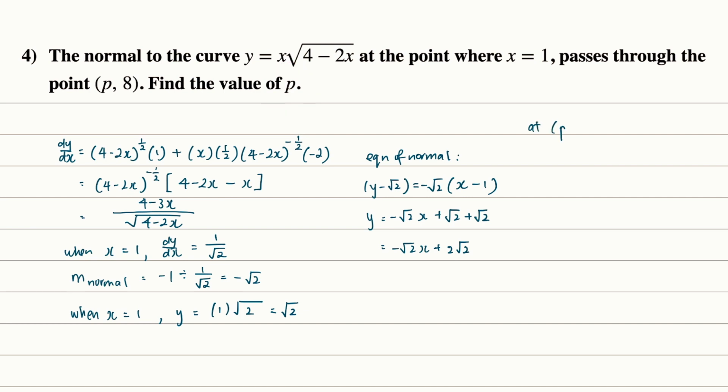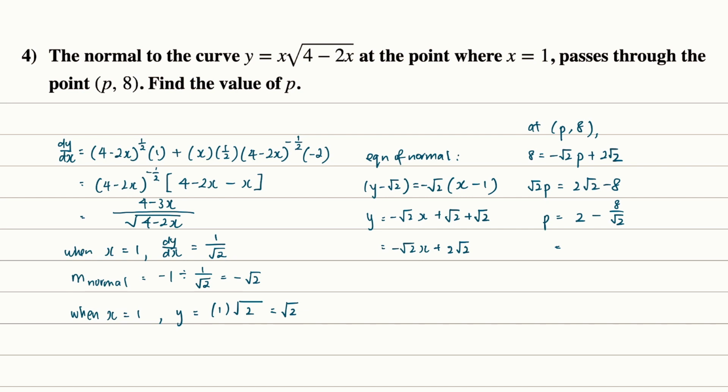So what we can do is that at P, 8, let's substitute all these values into the equation of the normal. 8 is equals to minus square root 2 p plus 2 square root 2. Square root 2 p is then equals to 2 square root 2 minus 8. P is equals to, let's divide every term by square root 2, which gives us 2 minus 8 over square root 2.